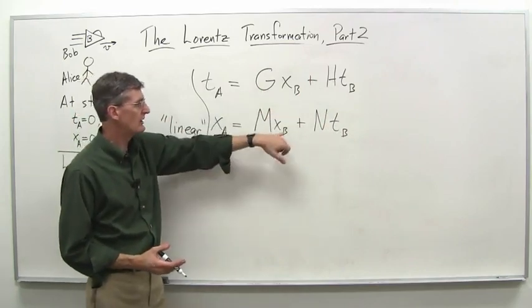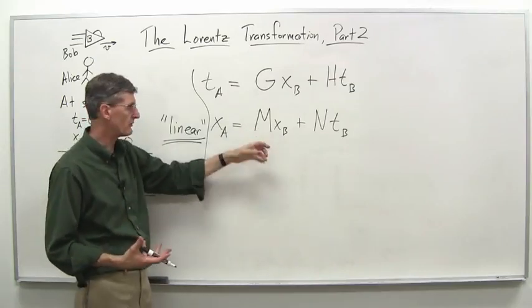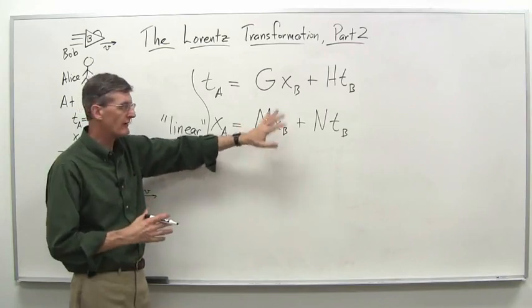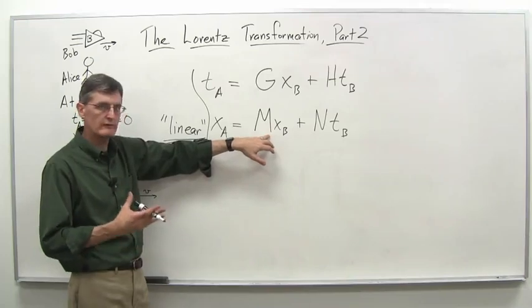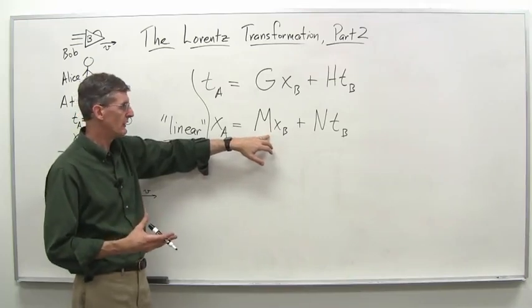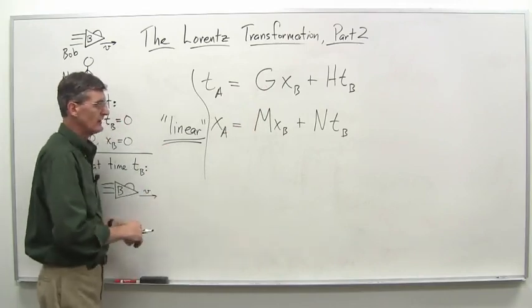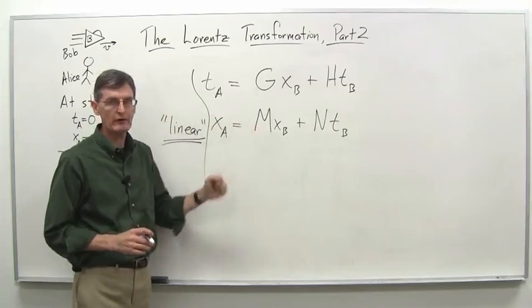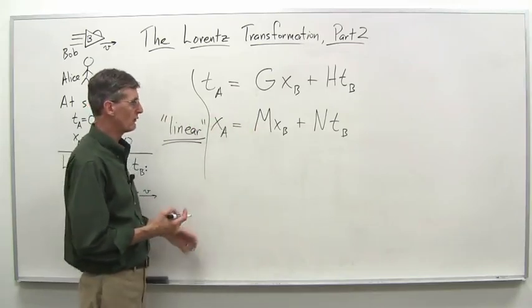And what are the G, H, M, and N? Those are just, technical terms, coefficients, but they're just values that don't involve XB and TB. They may involve V and C, and they will, in fact, as we'll see in a few minutes, but not XB and TB. And so it's a linear form because technically these are forms of lines and not parabolas and things like that, and square root curves, et cetera.